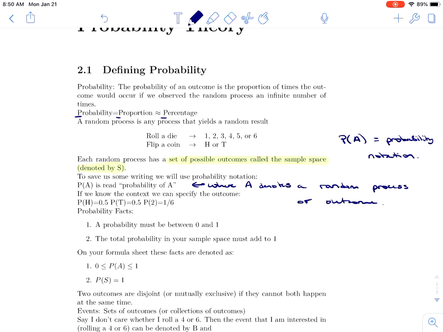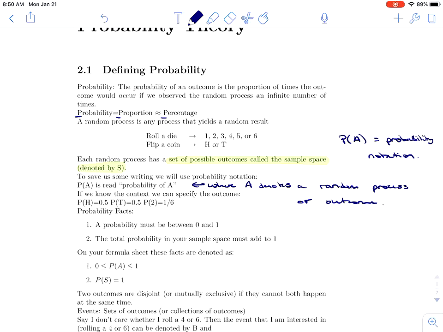The second fact is that the total probability in your sample space has to total 1. Because if you've looked at all possible outcomes and added up the probabilities, it has to be 100%, or just 1. Otherwise, you haven't looked at all the possible outcomes. So if we look at the total probabilities for rolling a die, we've got 1 over 6 plus 1 over 6 plus 1 over 6.